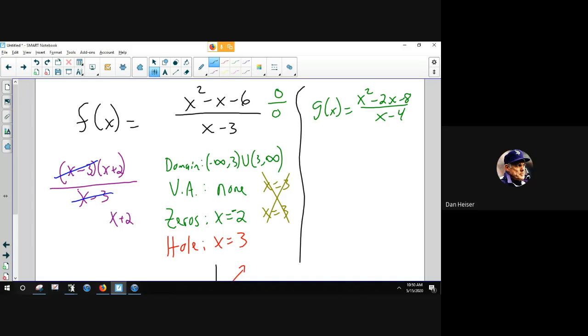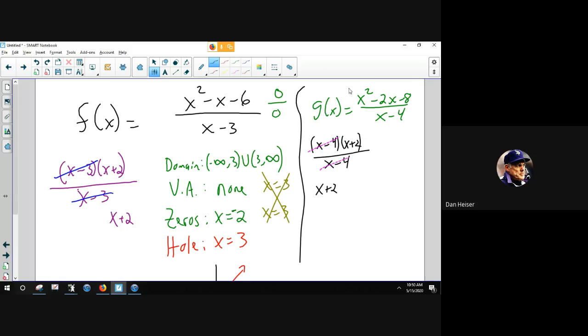So here I have a second function, g of x. Let's take a look at factoring this. X minus 4, no mistakes this time. And I go cancel, cancel, and I get x plus 2 again.